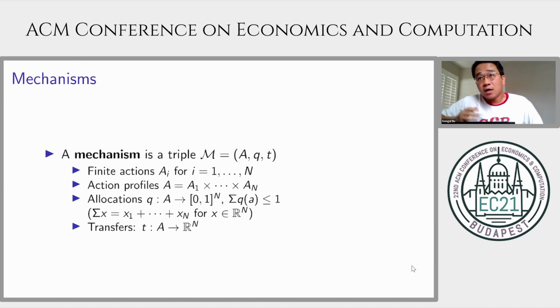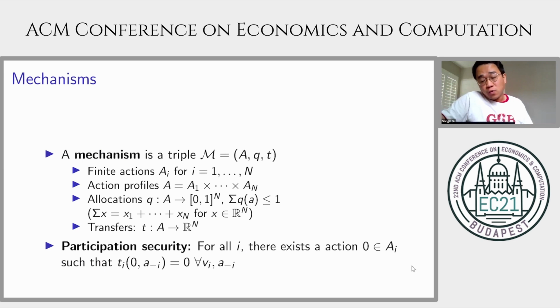As sellers, we are allowed to use any mechanism. A mechanism has an action space for every bidder, and an allocation function which maps from the space of action profiles to an allocation. The allocation may be divisible, and it may be stochastic. Then we have the transfer function, which maps from action profile to how much money each bidder should pay.